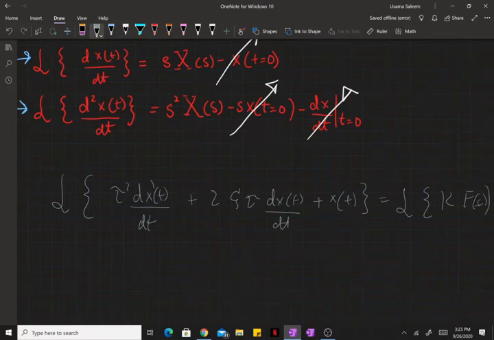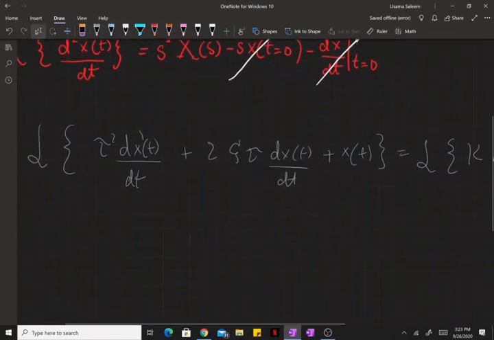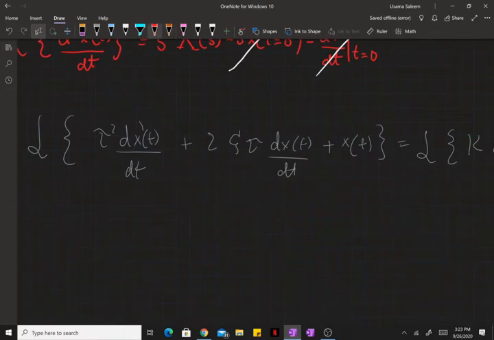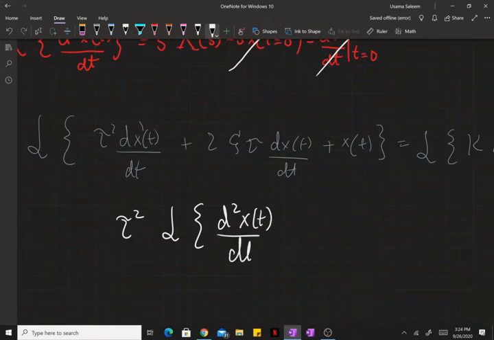And we're going to take advantage of the fact that the Laplace transform is a linear operation, which means I'll pull out all the constants and just take the Laplace transform of the time dependent terms, which include the derivatives. So tau squared comes out, 2 times eta and tau also comes out.